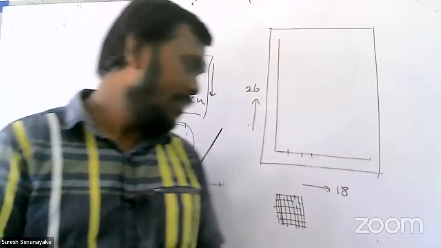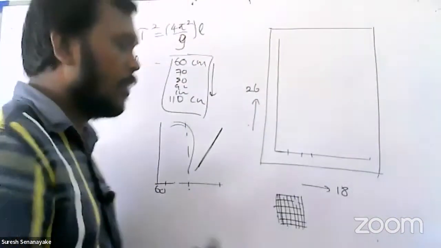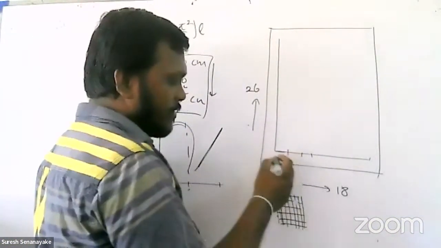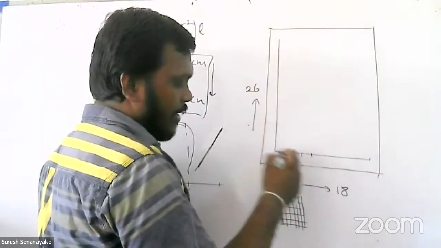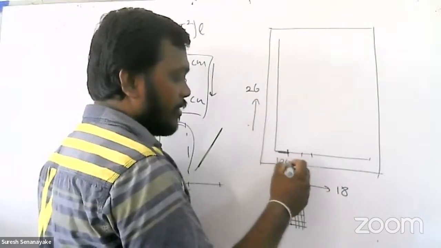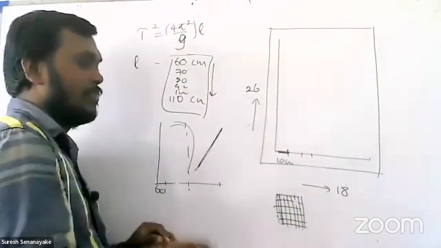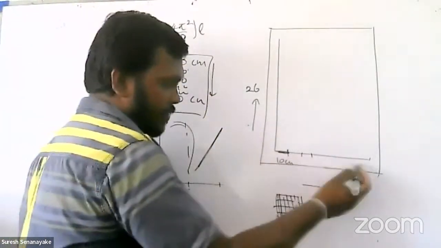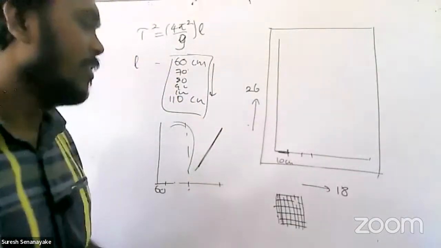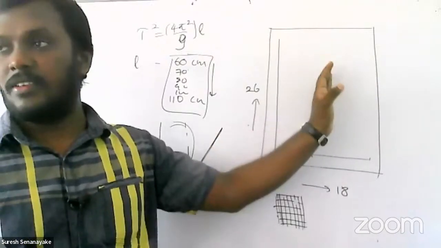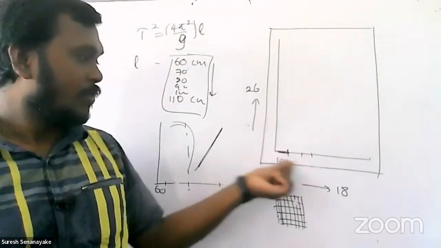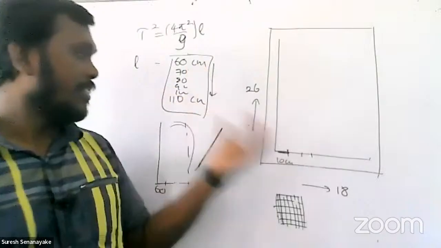As an example, let's say you choose 1 square as 10 centimeters for this one. That's better, but the problem is your graph is aligned to one side only, because you go 10 to 20 like that, and for 10 to 50 there is no data.